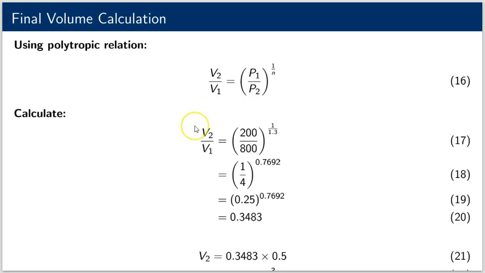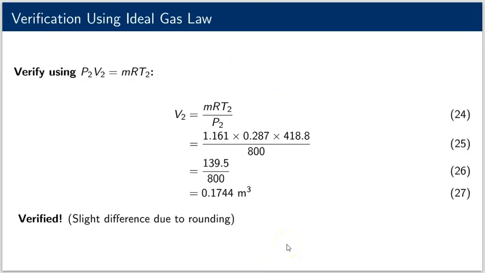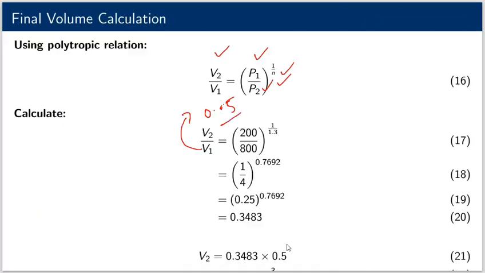Using the polytropic relation, V2 by V1 is equal to (P1 by P2) to the power 1 by n. P1 and P2 we know, n we know, and the initial volume we know, that is 0.5. So if I plug all together, V2 is going down, we got something 0.3, 0 point something.